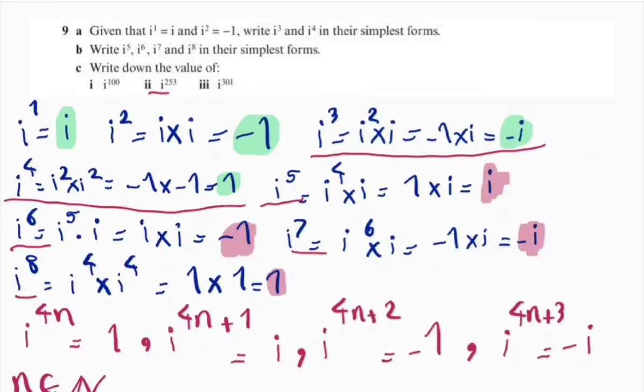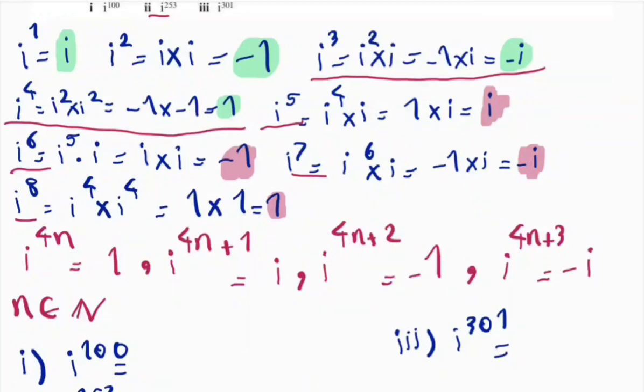And now let's do part C, which is the interesting part. So part C is when we can apply what we have learned so far. The first one is i to the power of 100. So if we refer to these relations, the one that is useful here is this one. All we have to do is a simple division.